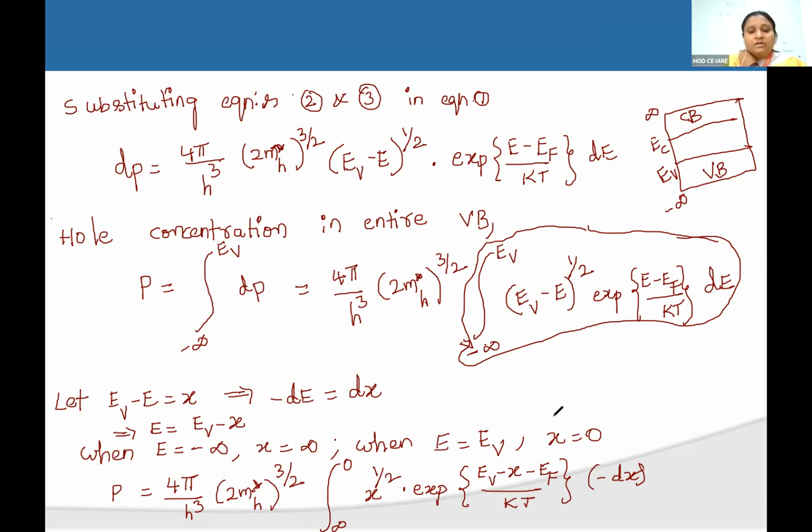Now how to solve this? Next, we have to take out constant terms. What we have here is E_V minus x minus E_F. So in place of E, we have substituted E_V minus x minus E_F. I can remove E_V minus E_F outside because it's constant. So we'll take it outside. That is what I'm going to do now.